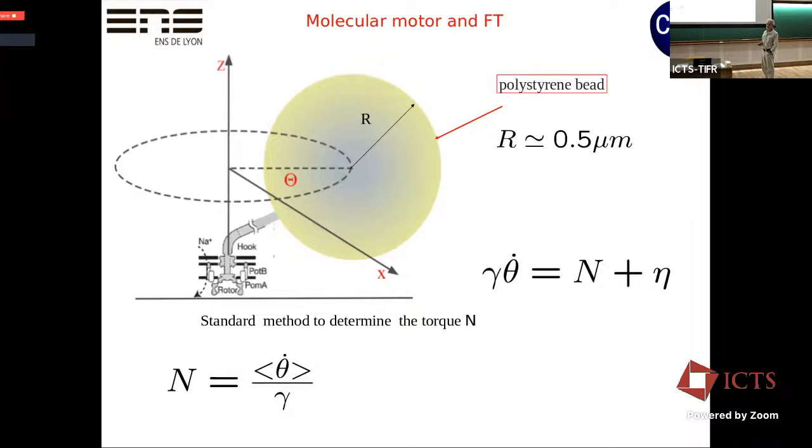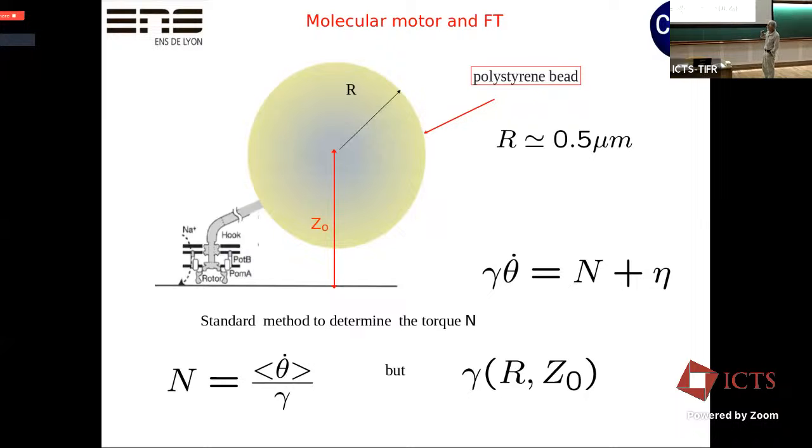But you have a lot of problems in doing this, and I will explain why. First of all, gamma is rather unknown for several reasons. As we discussed the other day, this distance is not very well known because we are looking at the bead from the top, and as you know, gamma also depends on this distance, and of course on the exact measure of R. So gamma of the bead is not very well known.